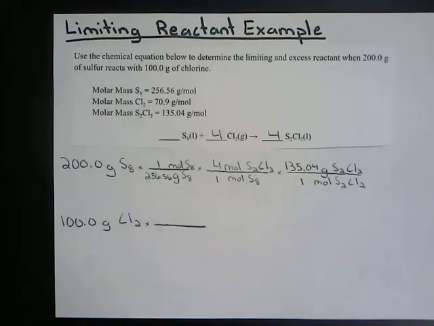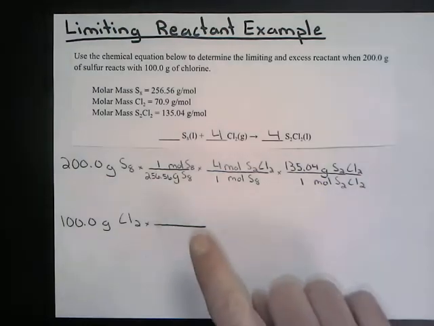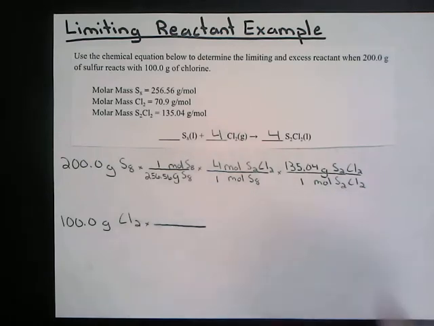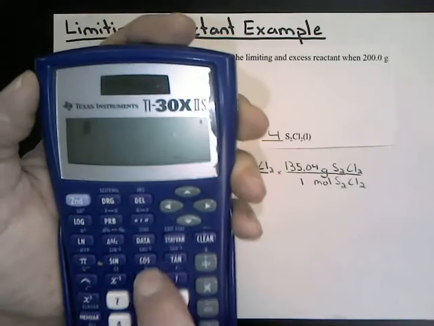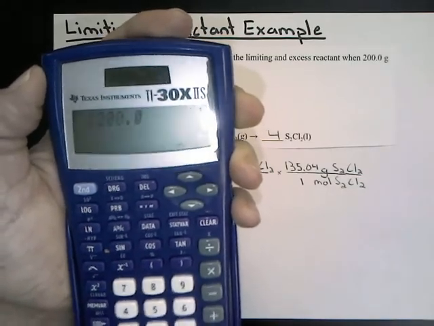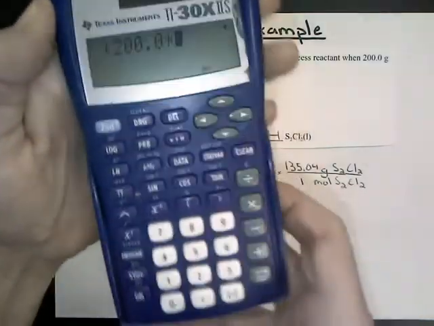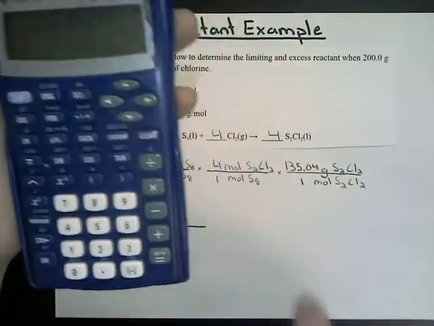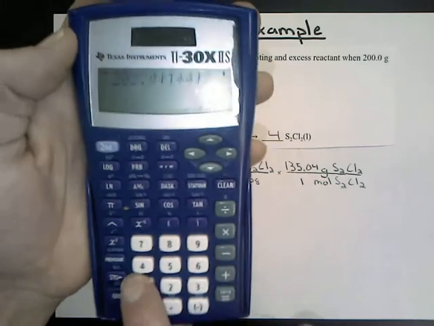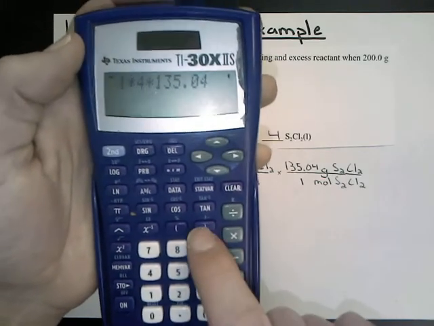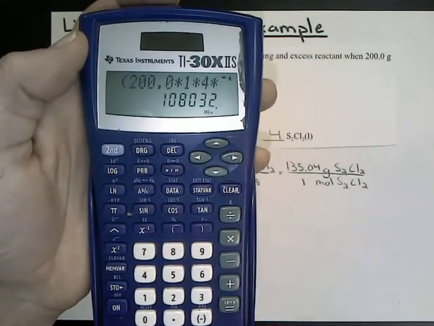Now what we need to do is calculate this out. So I'm going to take 200.0 times 1 times 4 times 135.04 and divide it by everything on bottom. So we get 200.0 times 1 times 4 times 135.04. Close my parenthesis, I press enter.